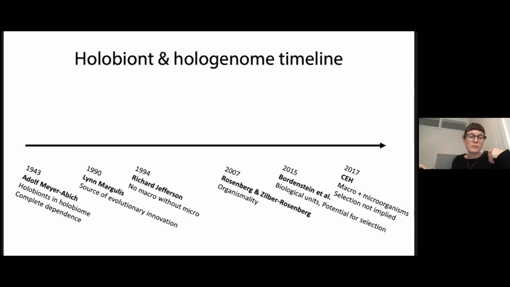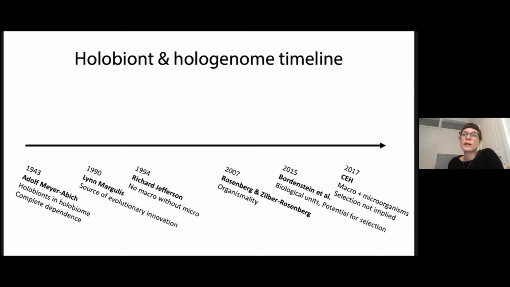Shortly after, and independently, I think, Richard Jefferson introduced the holobiont and the hologenome, and his focus was on the idea that it doesn't make sense to talk about macroorganisms as independent of the microbes.